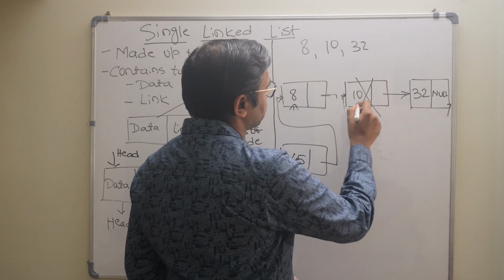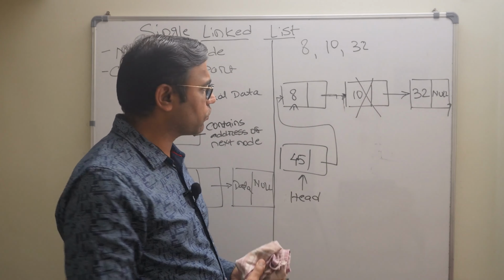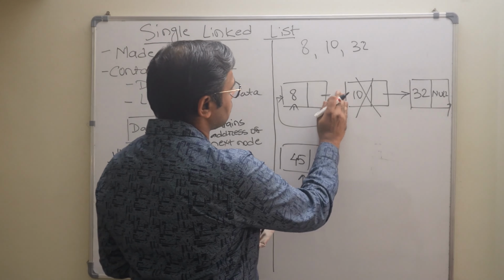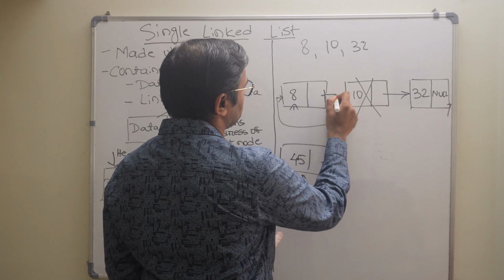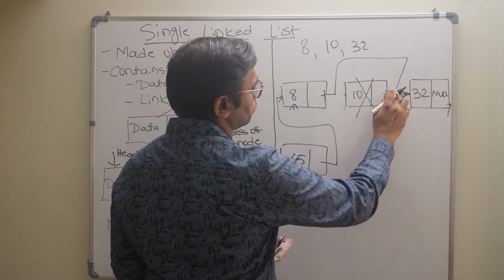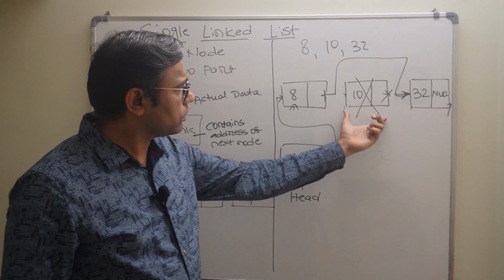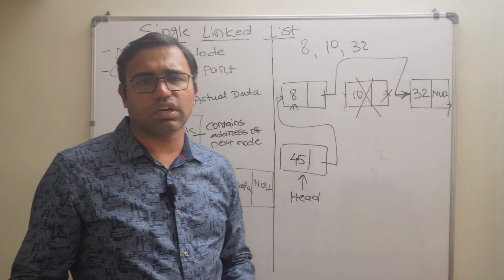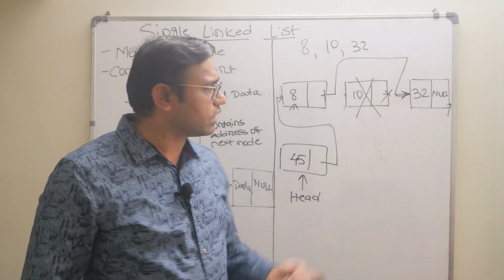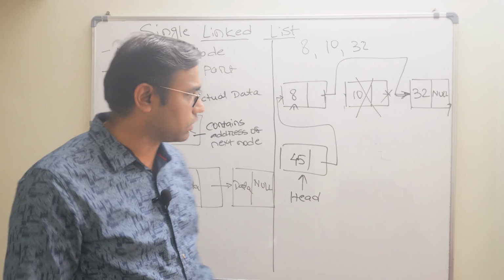Now suppose I want to delete this 10. How to perform the deletion operation? We have to just move the links. Instead of representing the link here, we can represent this link here, and then we delete the other link. There is no need to delete the node, we just move the links. That is how we can perform the insertion and deletion operations.